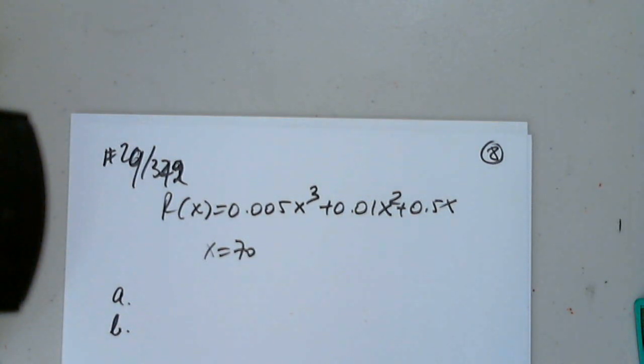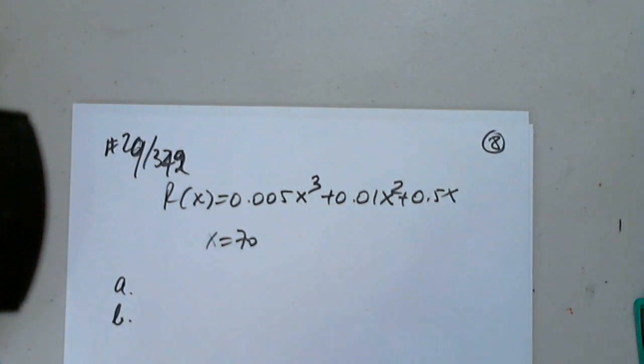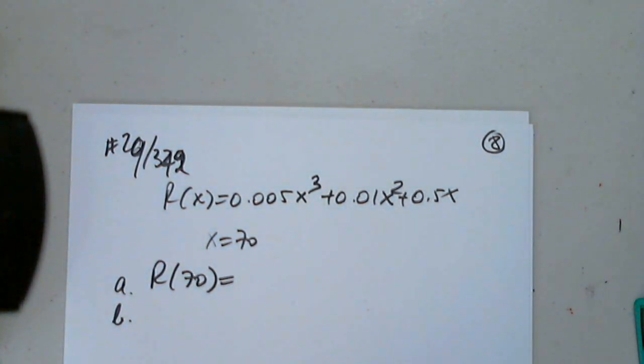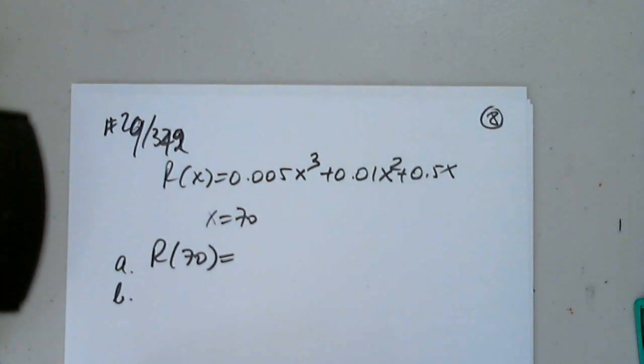So we're asked to find the revenue for 70. What do we need to do first? Plug 70 into R of x. Right. We need this for later, so I have to do it now. Let's also determine the marginal revenue, so we can put both of them.